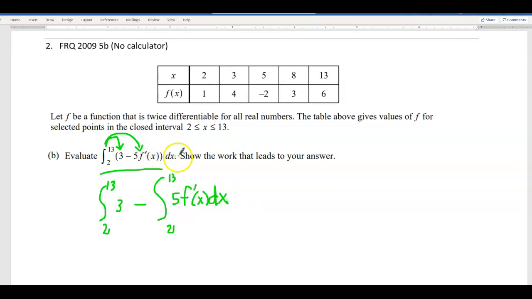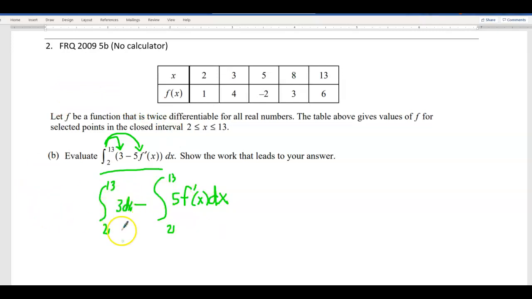Now, even though there's one dx up here, if you're going to split this up into 2 separate integrals, technically you should have a dx on both of them. And that just reminds us that we're integrating with respect to that. Okay.